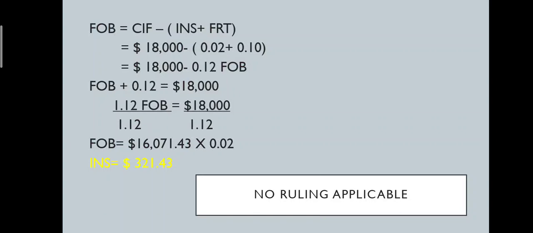So ganina nanay usa one value ang FOB. So 1.12. Divide na to ang $18,000 sa 1.12. So macrush out na siya diri ang left side. Dayon na natay FOB nga $16,071.43. Dayon ato siyang times sa 0.02.